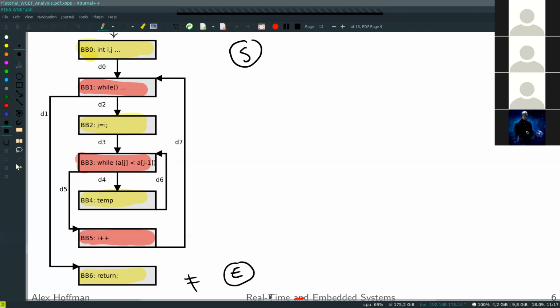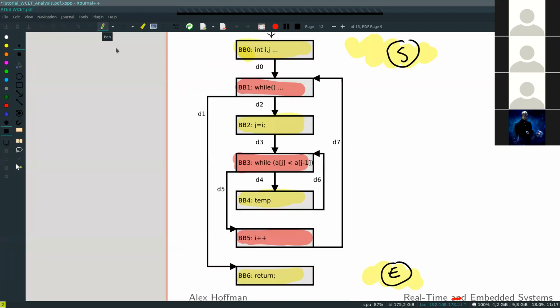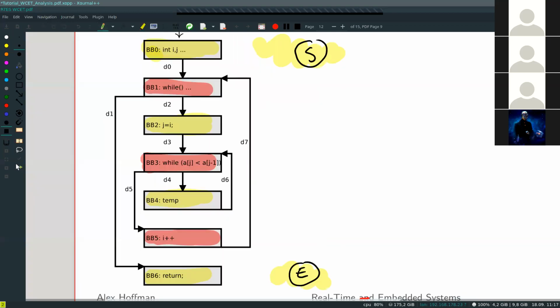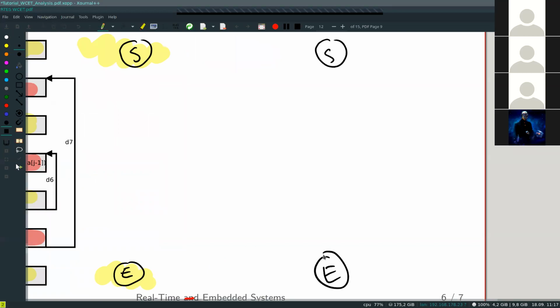This is just an entry point and an exit point of your cache conflict graph. On this side we'll do yellow, and then we'll do the same thing over here, start and end for red.